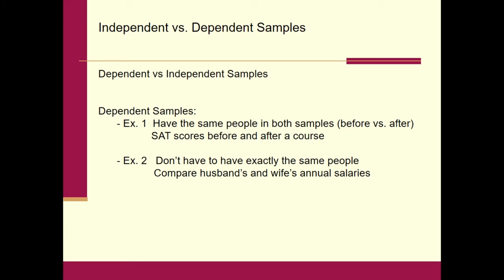All right, so we got population number one, and we look at the first wife. Well, who are we going to compare her salary to? We're going to compare her salary to her husband's salary, and so on and so forth, throughout the entire populations then of husbands and wives. All right. So there's two examples where we have dependent samples.